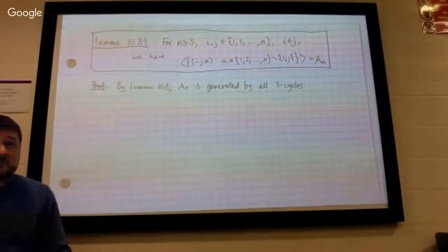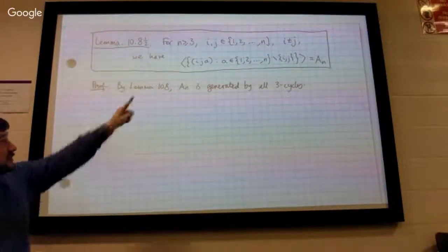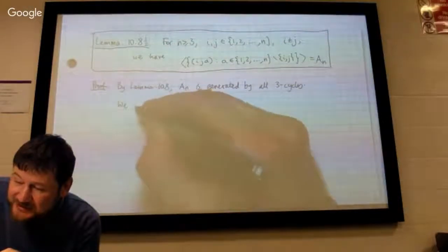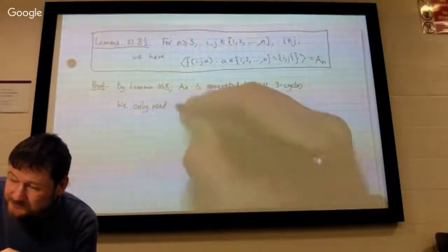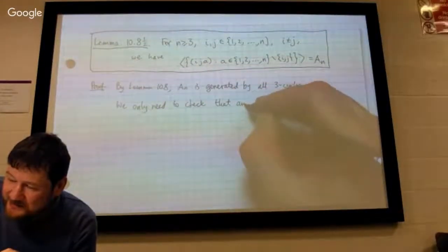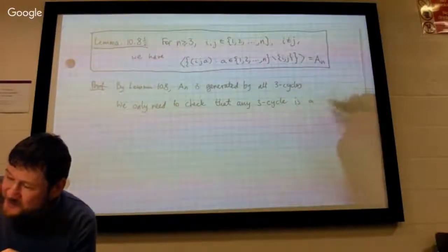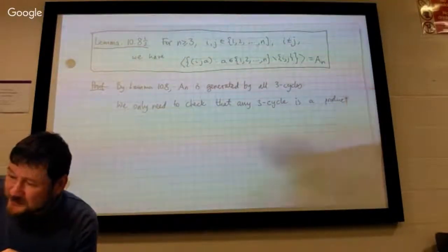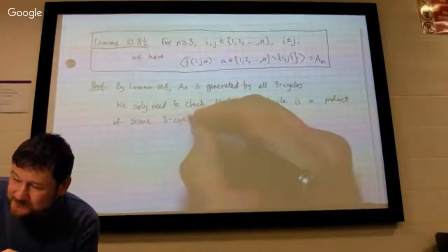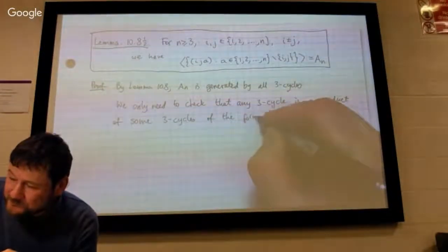So that means all we need to check is that every three-cycle can be written as a product of three-cycles of the form (i j a).